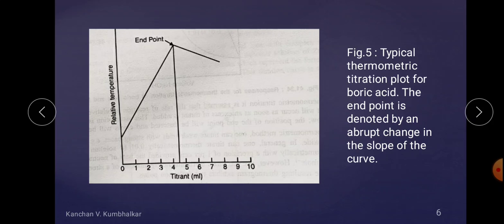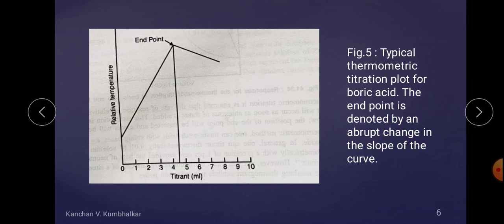This is the typical thermometric titration plot for boric acid. The end point is denoted by an abrupt change in the slope of the curve. Here, as the titrant is added, the change in temperature is measured on the y-axis.